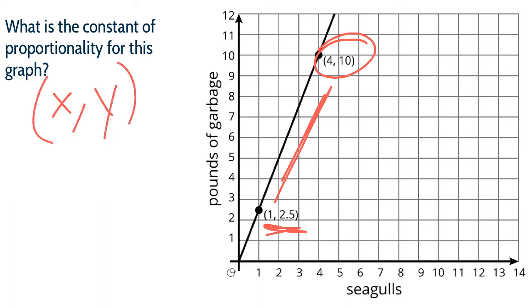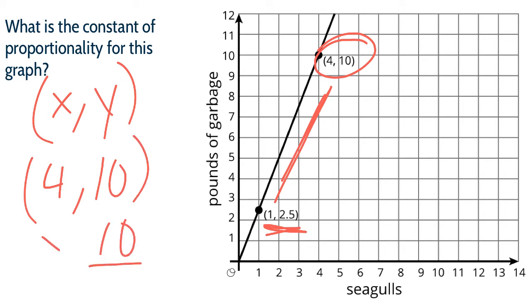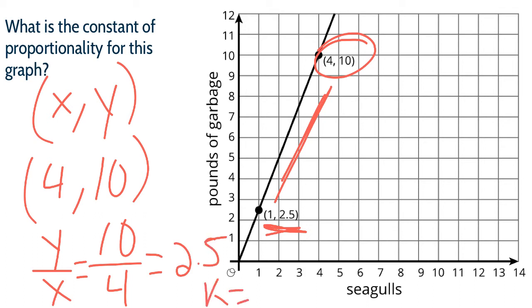So therefore, 4 is my x, 10 is my y. If I take 10, which is my y, and divide it by the x, which is 4, I get 2.5. And k is 2.5. So if you take any point along the line and it's proportional, it should match up with whatever the unit rate is by dividing the y by the x.